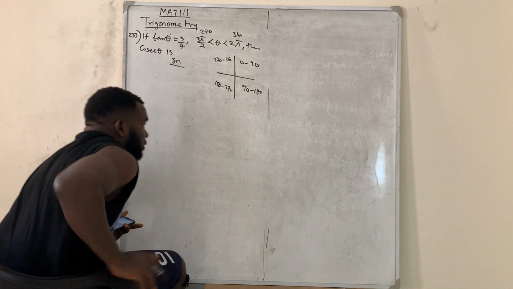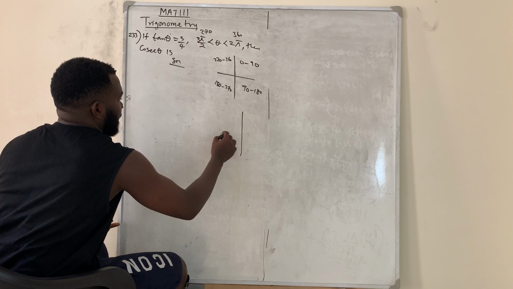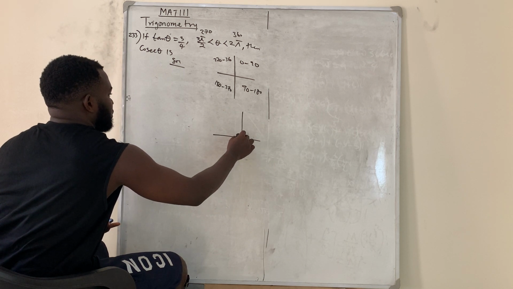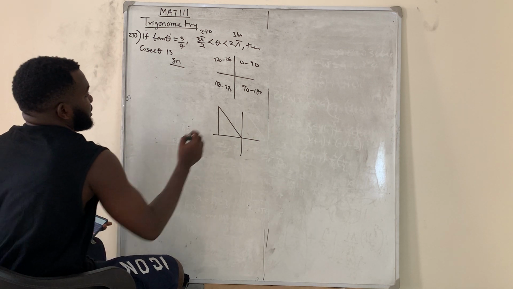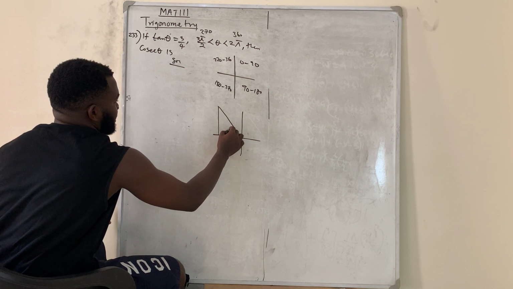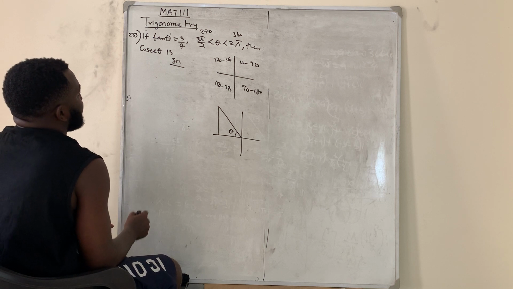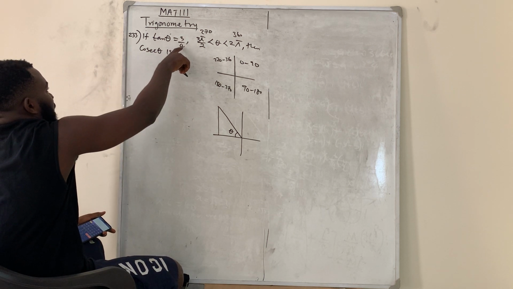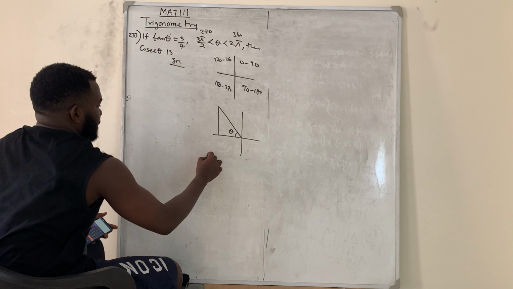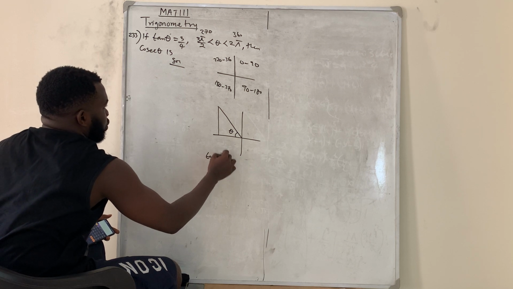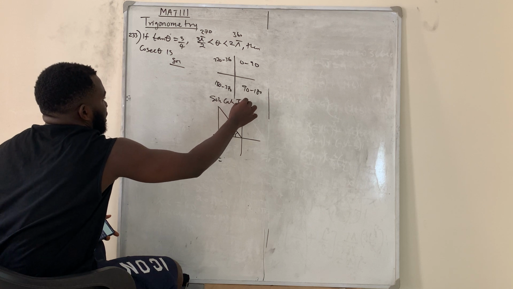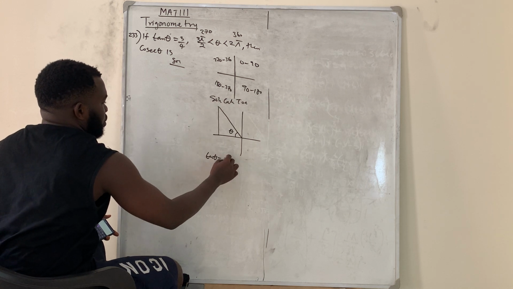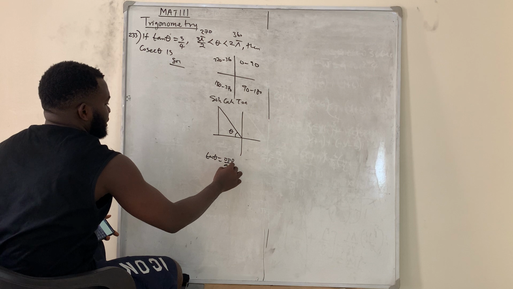So if theta lies on the fourth quadrant, I draw it like this, and this place is my theta. Tan theta is opposite over adjacent, SohCahToa.